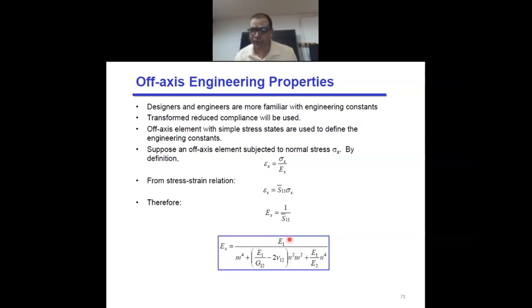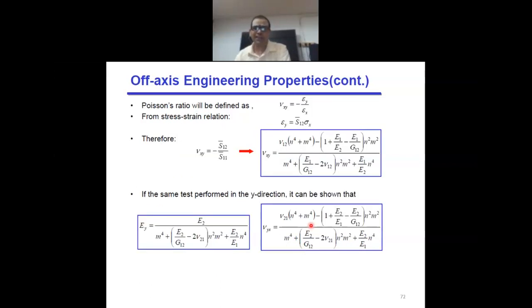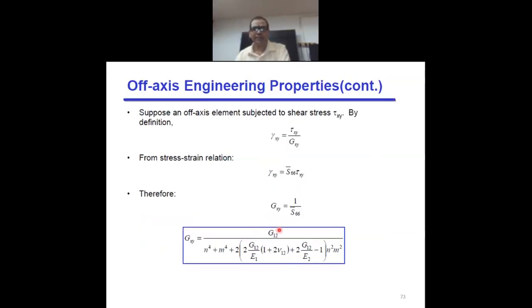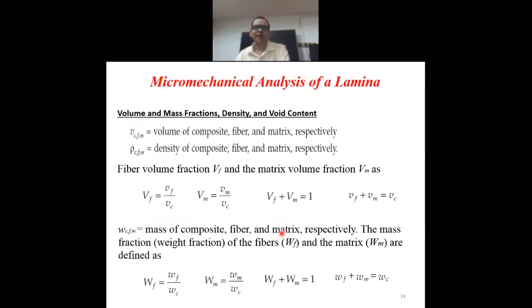If theta is not 0, Ex is different from E1. In a similar fashion, nu xy versus nu 12, Ey versus E2, nu 21, nu yx, and similarly Gxy versus G12.